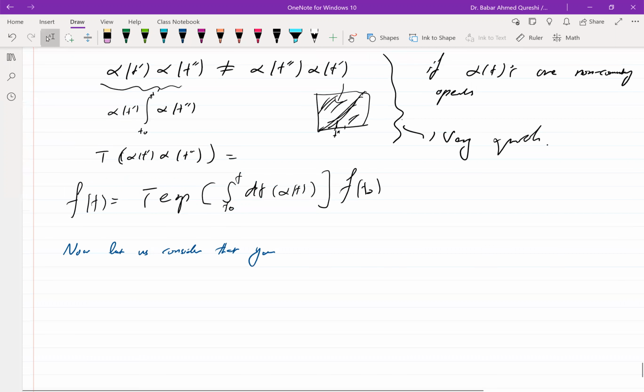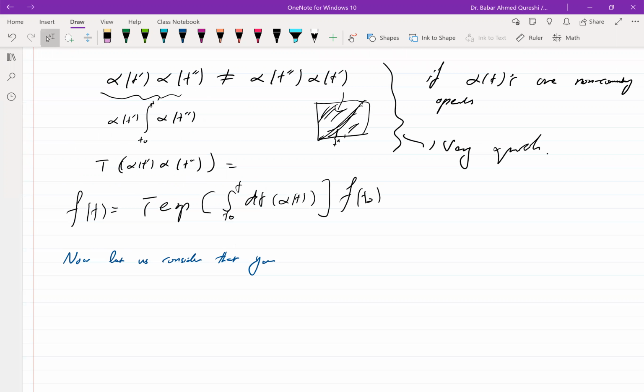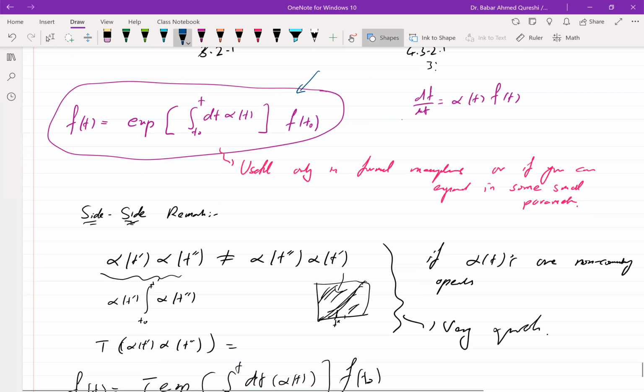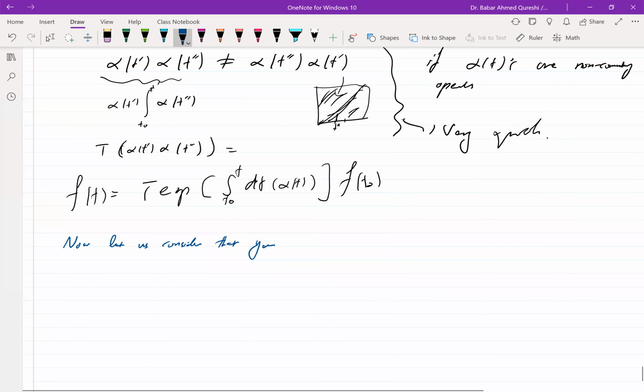So how many people, just asking, how many people had seen, maybe you are doing these integral equations, how many people had seen this solution? Has anyone seen it? Not yet, sir.